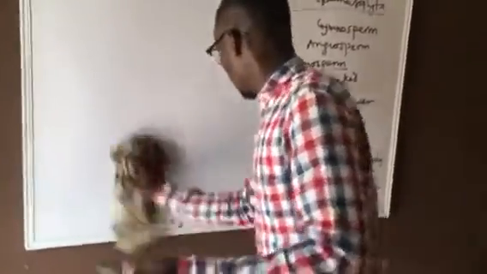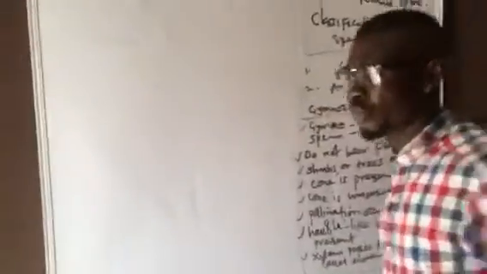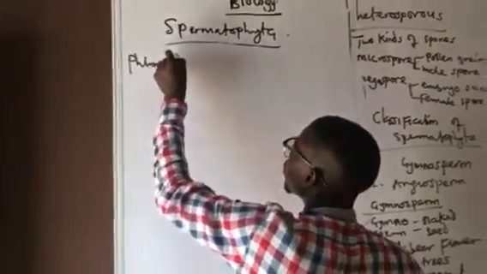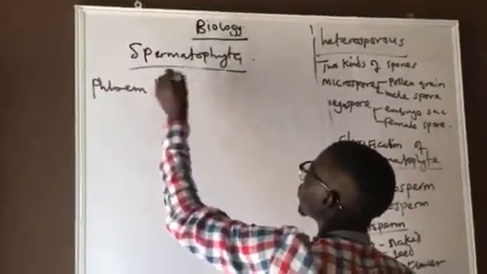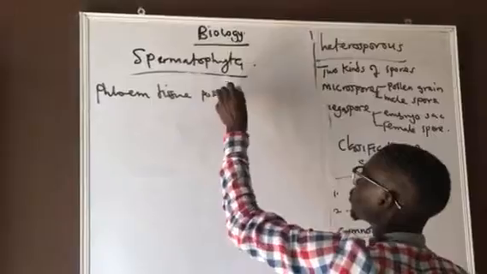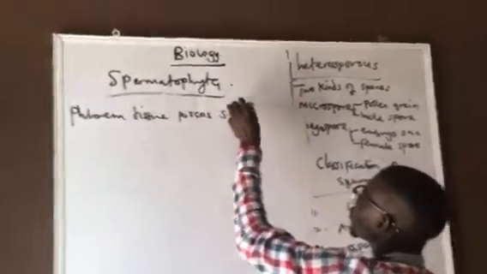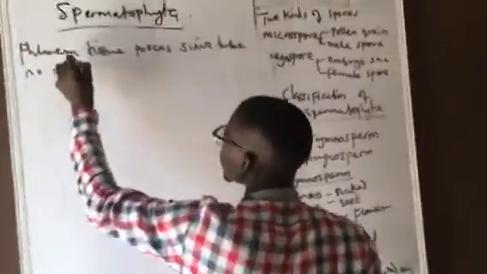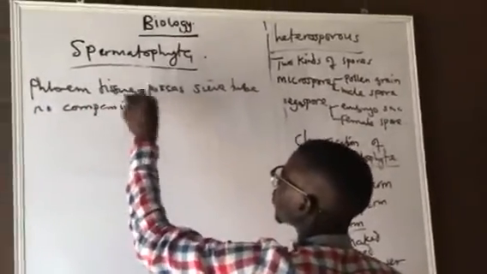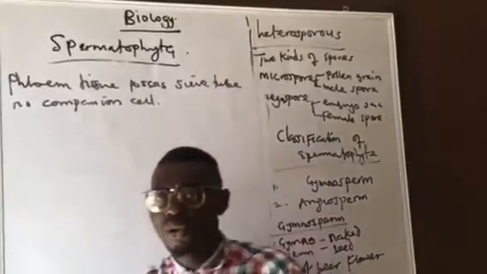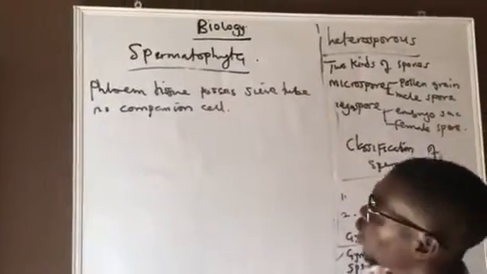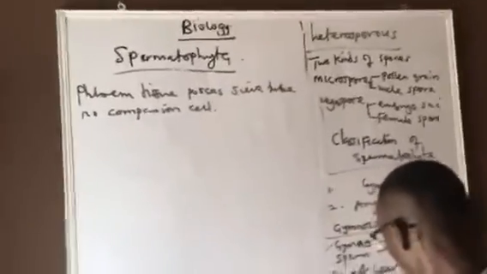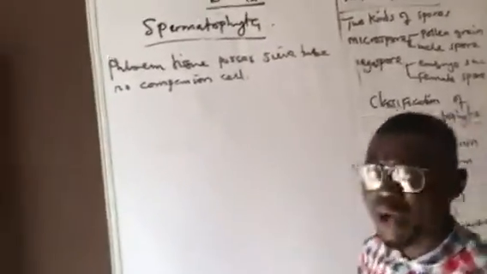So their vascular tissue is not well developed like the spermatophyte. So those are their primitive features. They have vascular tissue, but it is not complete yet. They don't have vessel element and they don't have companion cells.